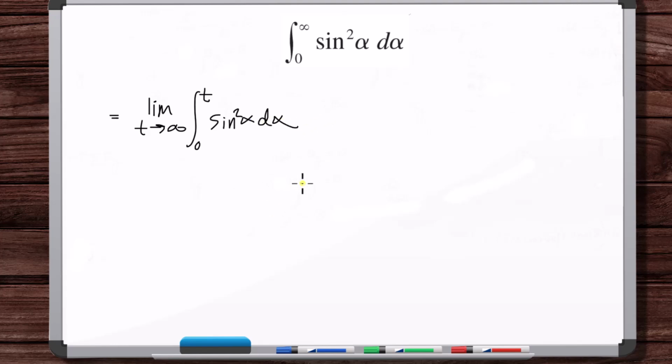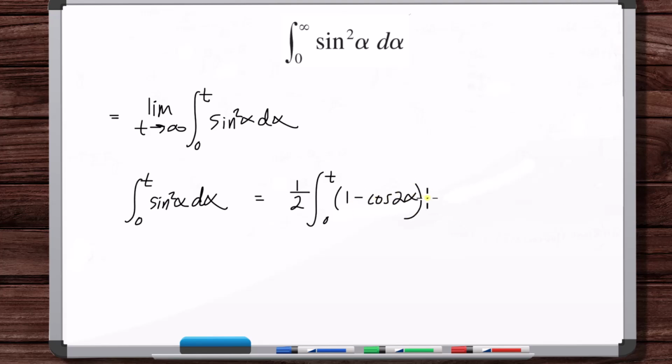Okay, so let's get this integral. We know that we solve this with the half angle identity. We change sine squared of alpha into 1/2 times 1 minus cosine of 2 alpha.